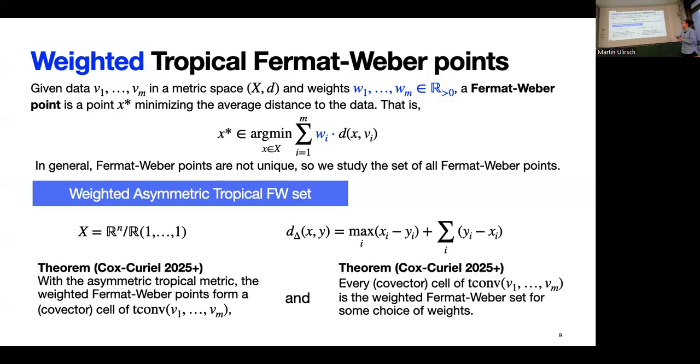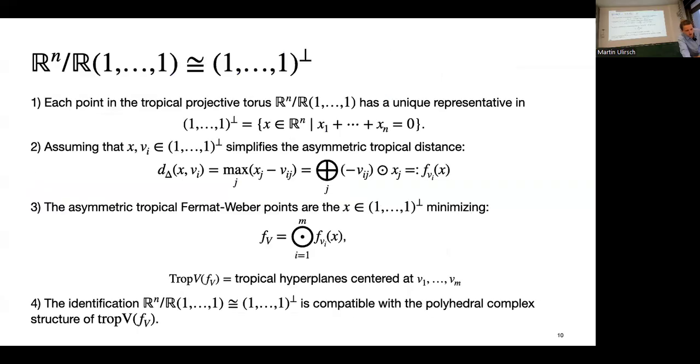Okay, but the key here is that using this asymmetric distance, the problem becomes a lot simpler. It becomes a purely polyhedral geometry problem, and I'll give you a bit of insight into how that works now. The key is the identification of the tropical projective torus with the space that's perpendicular to the all ones vector.